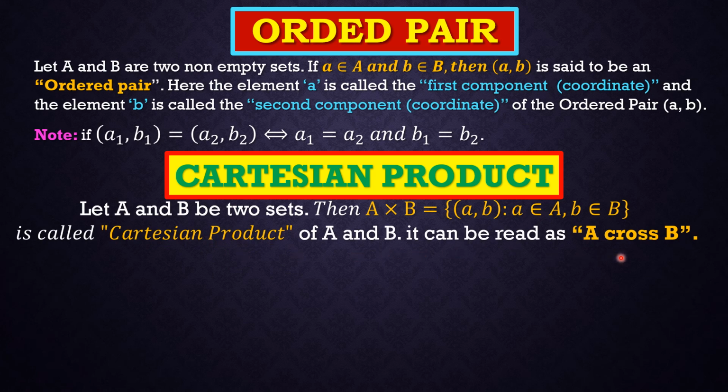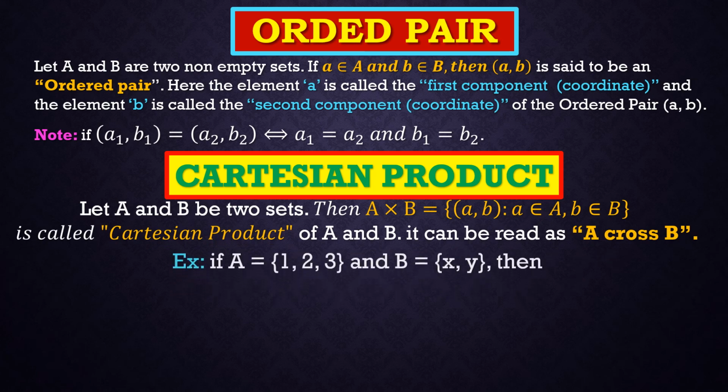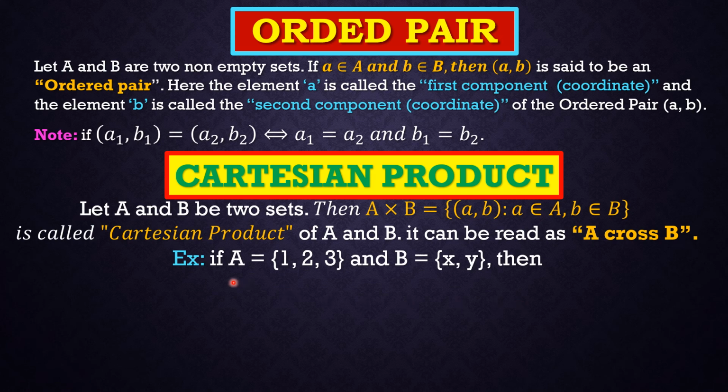It can be read as A cross B. Here we take one example.